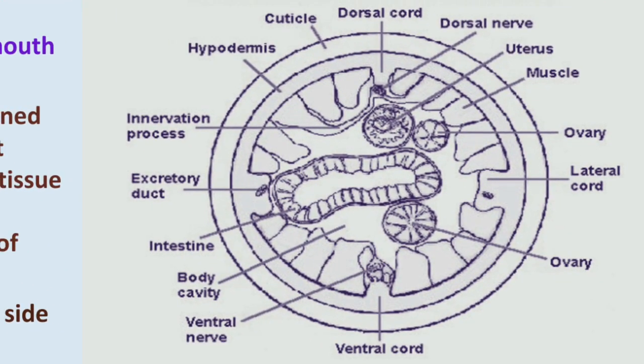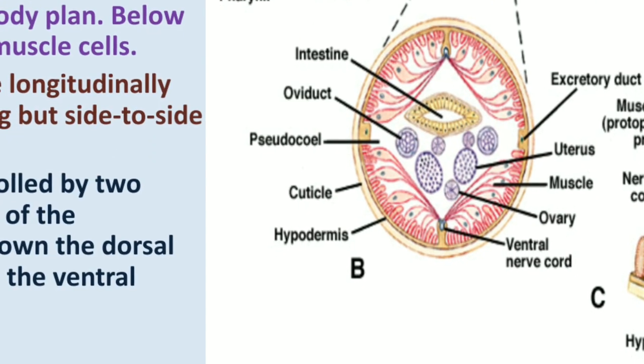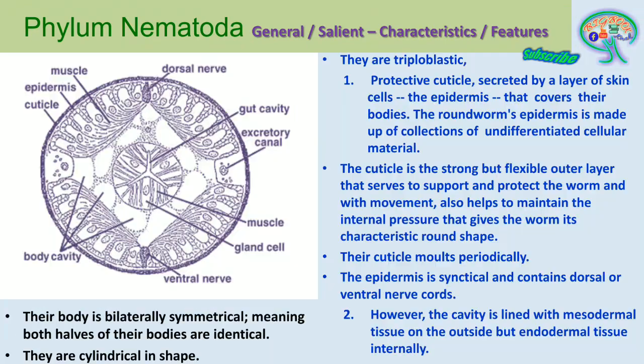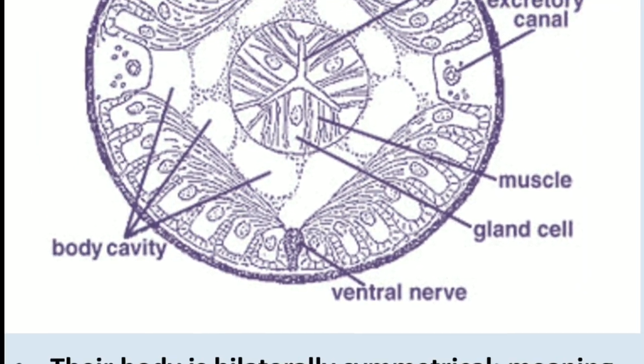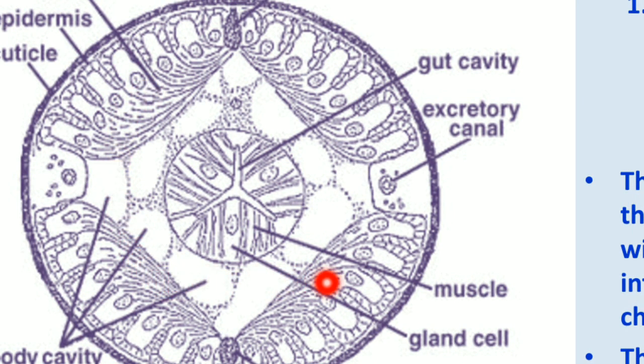As we have already spoken, the mesoderm develops into the different body components, while the endoderm forms the gut cavity. Even in this diagram the same thing applies: all these tissues are formed because of mesoderm, and whatever has been lined here is the endoderm.